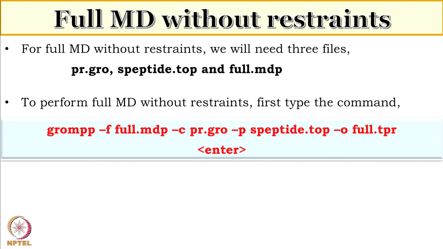What decides that there is no constraint in this command, or that it is still with constraint? That is without restraint. In the previous one we restrained the position of the peptide, and we were just allowing the solvent molecules to equilibrate around the peptide. But now there will be a change in the MDP file, and we will allow the peptide to move as well. We won't fix it.